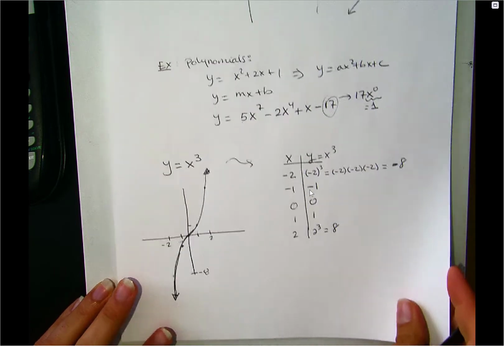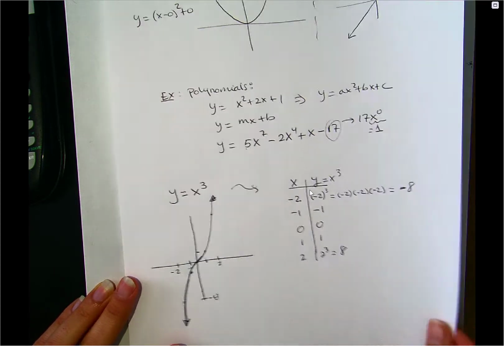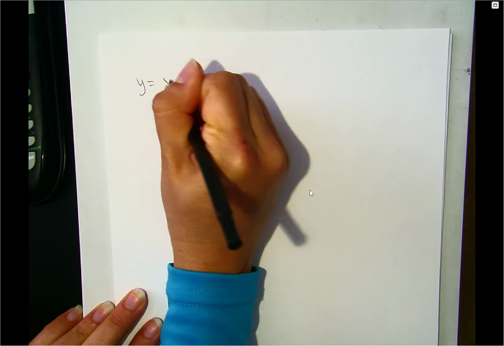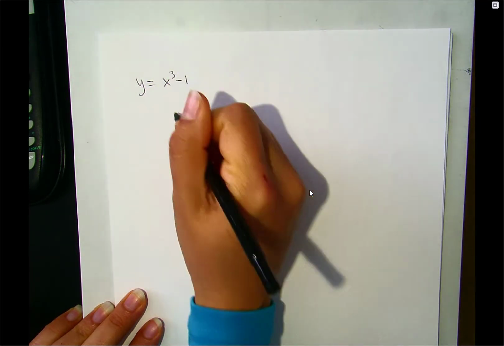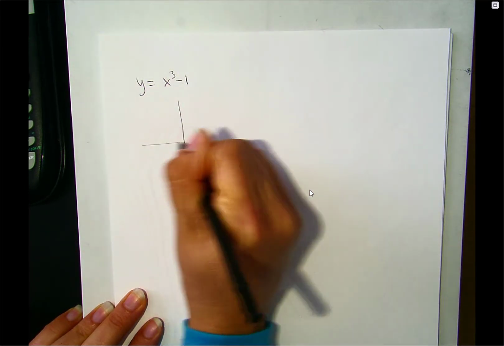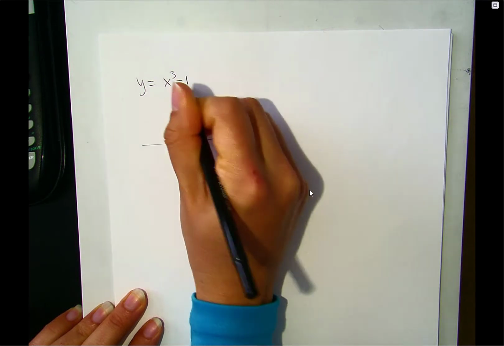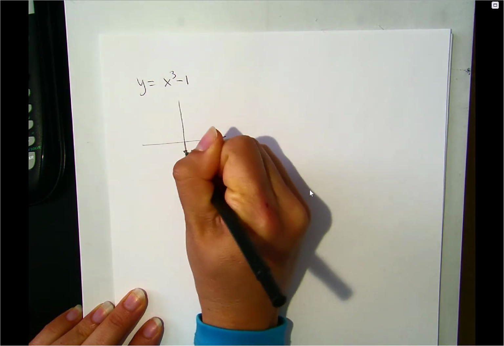And just like with any shifts, like we did with parabolas, if I graph y equals x cubed minus 1, it essentially takes that parent graph and moves it down 1.